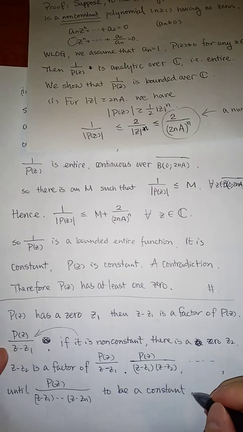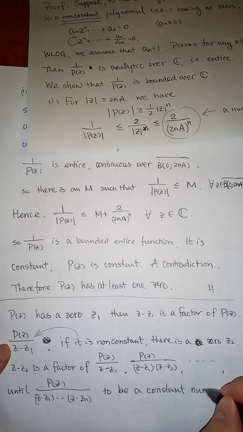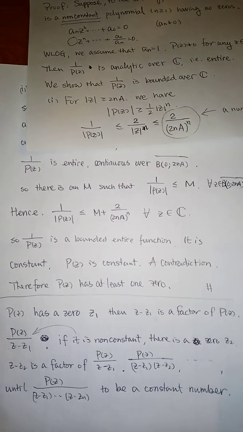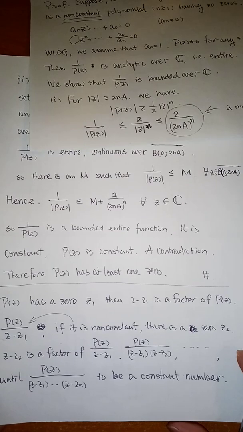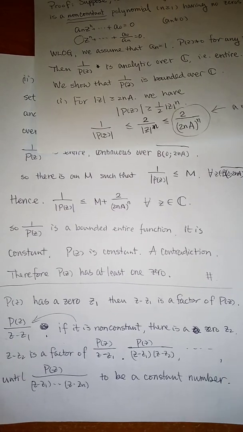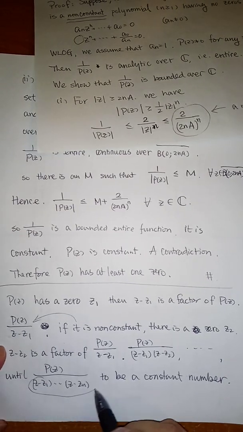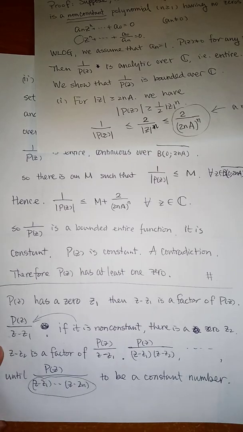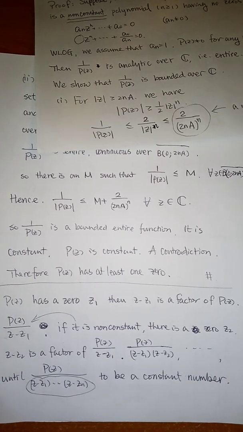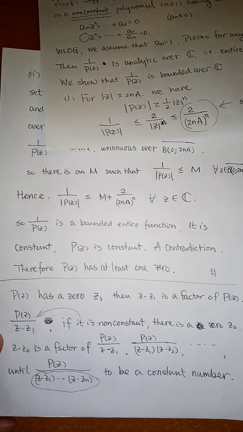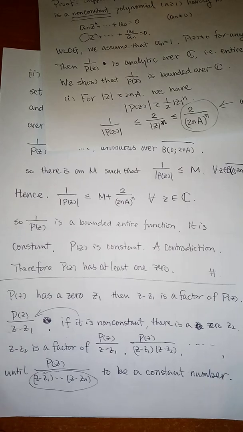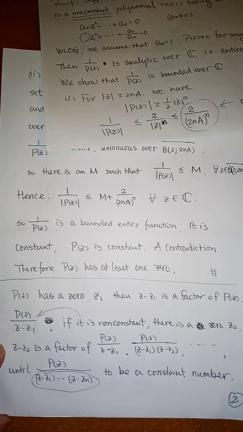Okay, a constant number. This process must stop at a certain moment because the polynomial has degree n, so you need n steps in order to get a constant. It is not an infinite process. It is definitely a finite process.